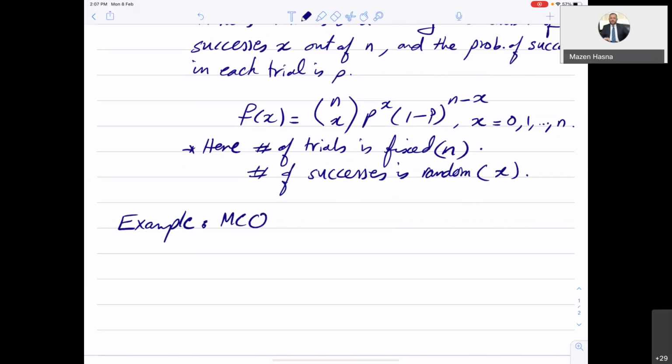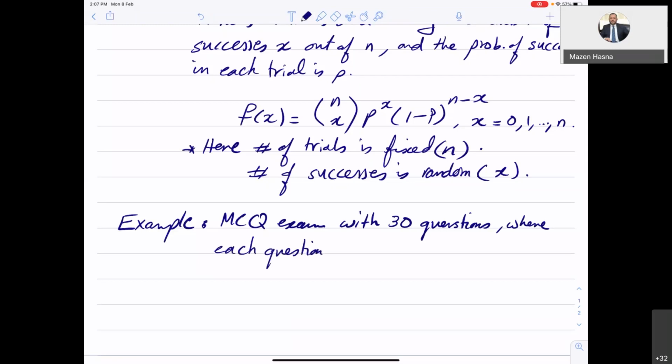MCQ, of course, you know, is multiple choice questions. An MCQ exam with 30 questions, where each question has 4 answers.